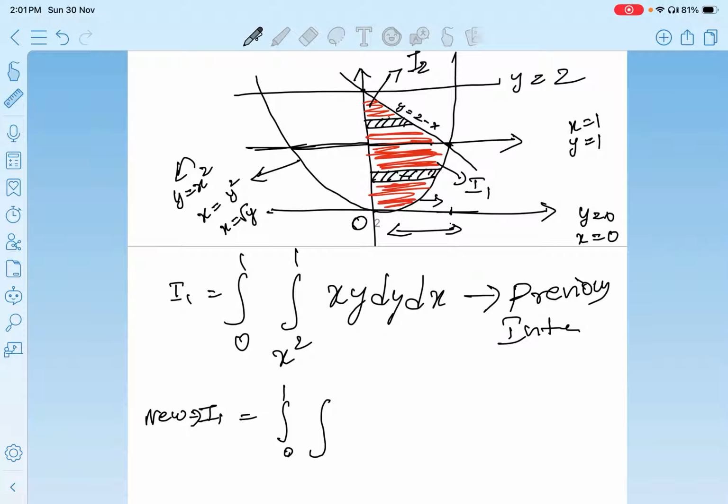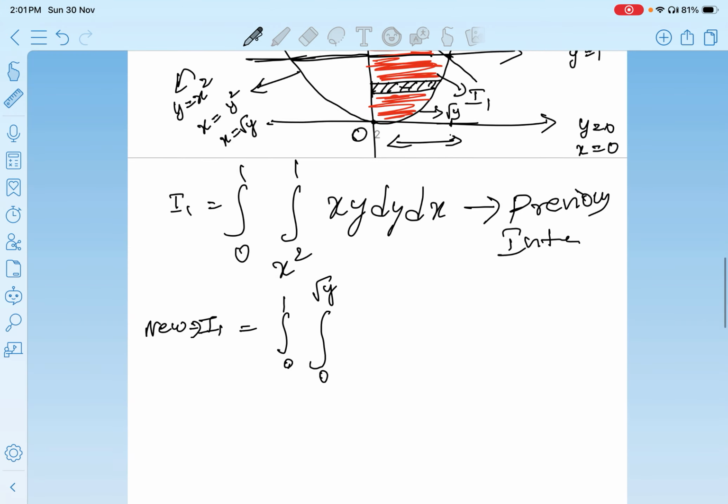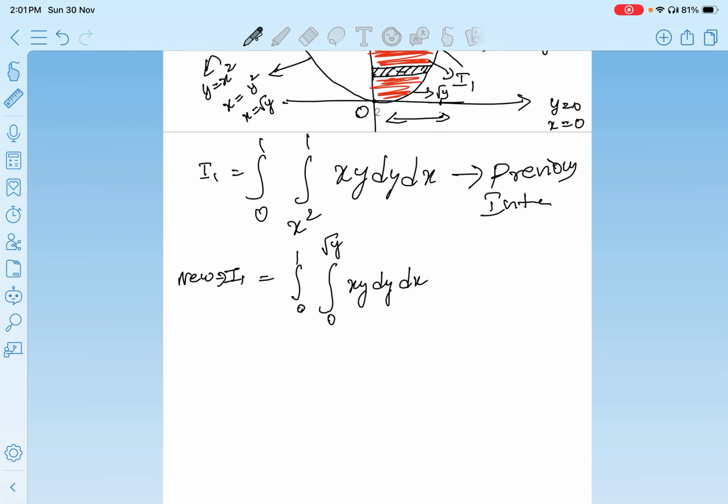So your y is from 0 to root y. This curve is your root y. So this curve meets from 0 to root y. The remaining terms are xy, dy, dx. That's all. Now we are going to integrate.